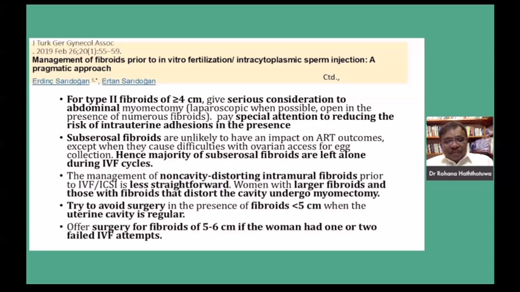Women with larger fibroids and those with fibroids that distort the cavity should undergo myomectomy. Try to avoid surgery when the fibroids are less than 5 centimeters and not distorting the cavity. Offer surgery for fibroids of 5 to 6 centimeters if the woman has had 1 or 2 failed IVF attempts.